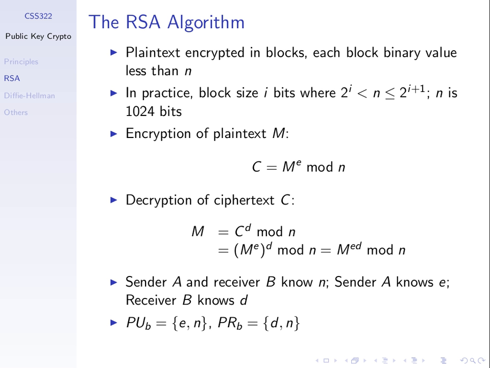Why does it work? Let's go through and explain why it works first, why this mathematically works. That is, why do we get the same answer as the output? And that will lead to the conditions for the key generation.